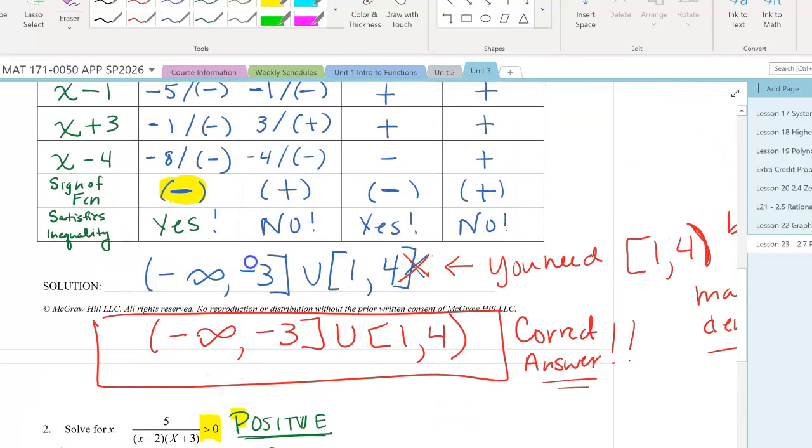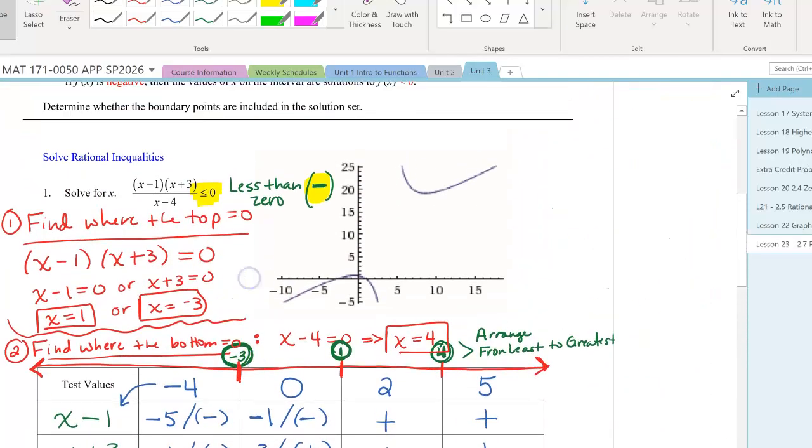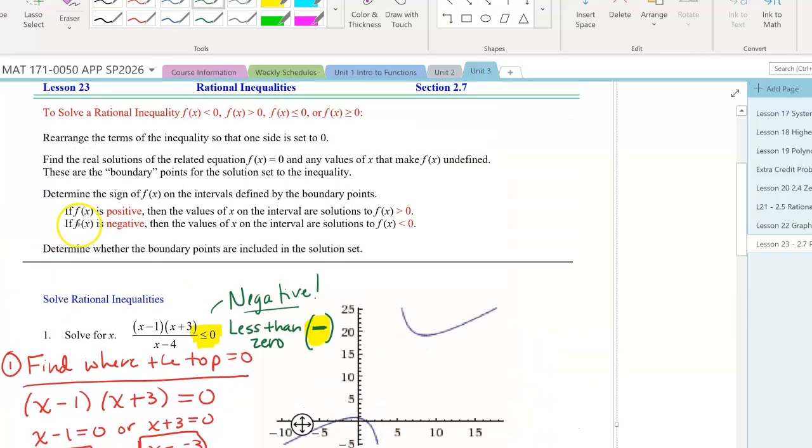If it's less than 0, like it was up here, we were looking for where the function is negative. And that's what we mean in our instructions up here. Determine the sign of the function on the intervals defined by the boundary points. If f of x is positive, then the values of x on that interval are solutions to the inequality f of x is greater than 0. And if f of x is negative, it satisfies the inequality f of x is less than 0.